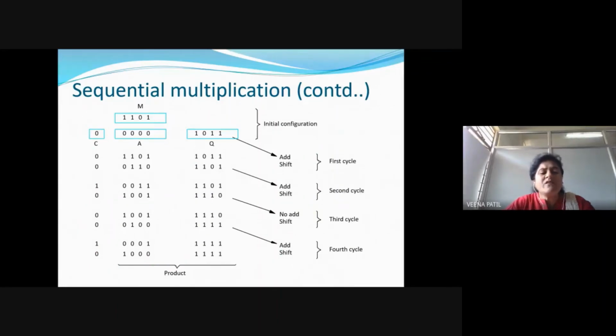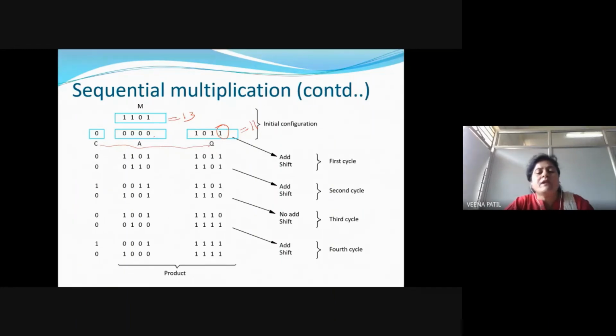To understand it, we are going to take an example wherein M will contain the multiplicand 13 and Q contains the multiplier 11. Initially, the partial product is 0, so A will contain zeros. So we are going to consider the C, A, Q values to perform the multiplication. Initially, the Q naught value will be checked by the sequence controller.